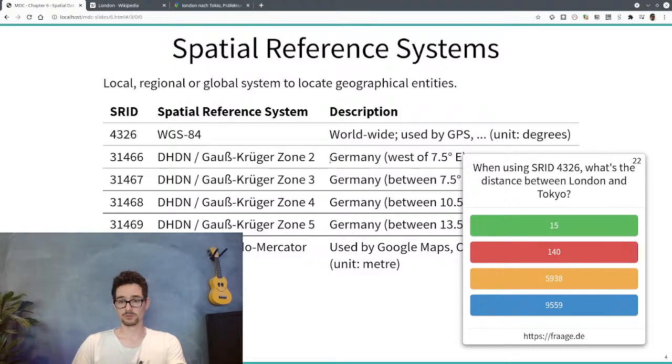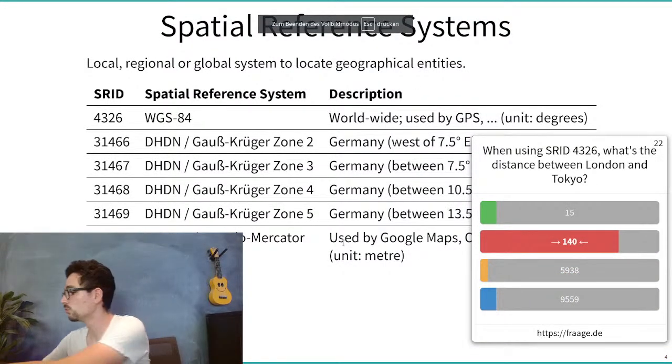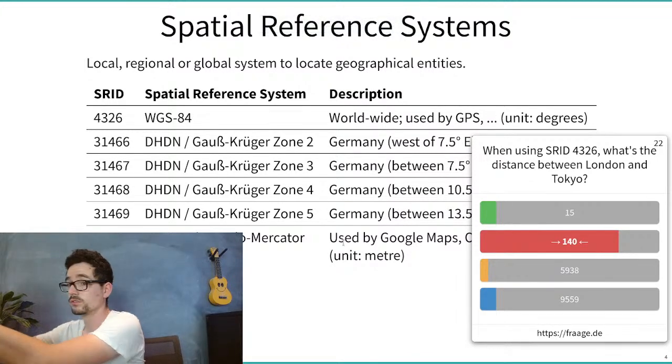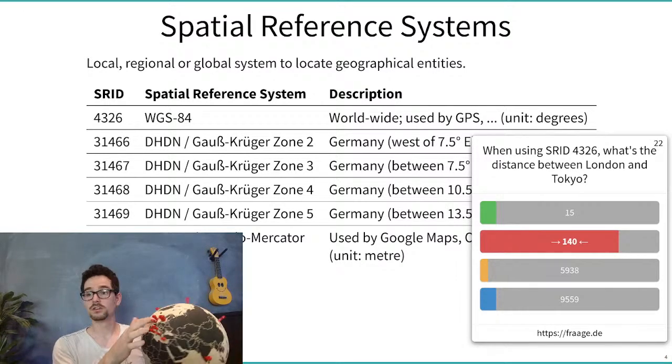I give you the solution. The right answer is 140 because it's 140 degrees from London to Tokyo. So London is here in Great Britain.